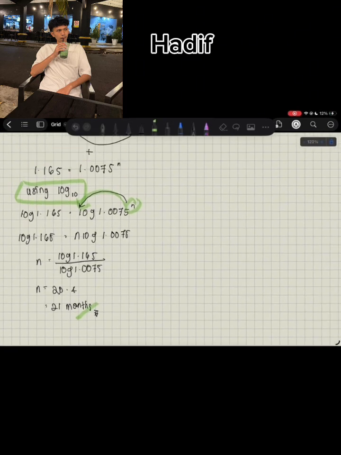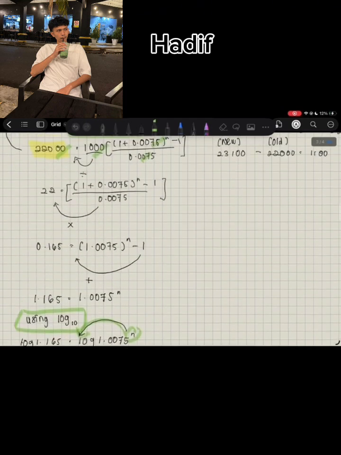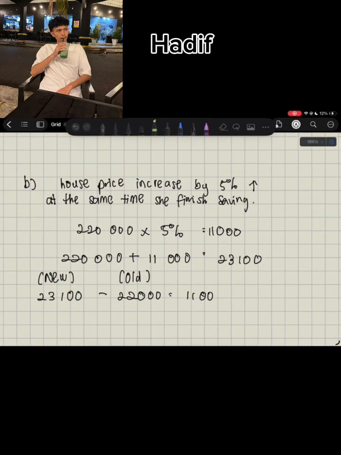Alright, next we move to the next question, which is B. The house price is increased by 5% at the same time she finished saving. Now this is the price of the house, and this increase is 5%.